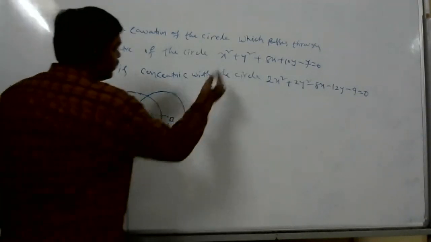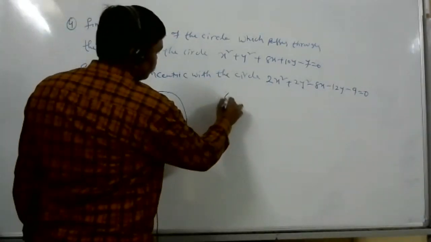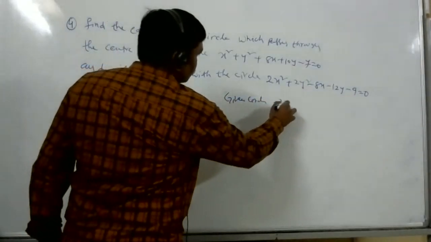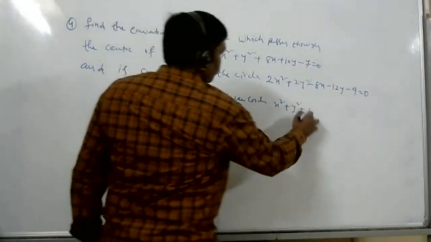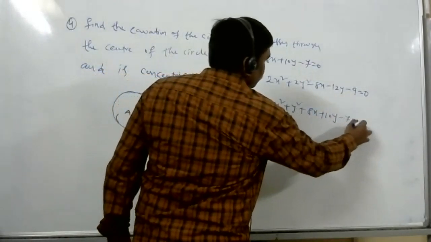Equation of the first circle: given circle x square plus y square plus 8x plus 10y minus 7 is equal to 0, equation 1.